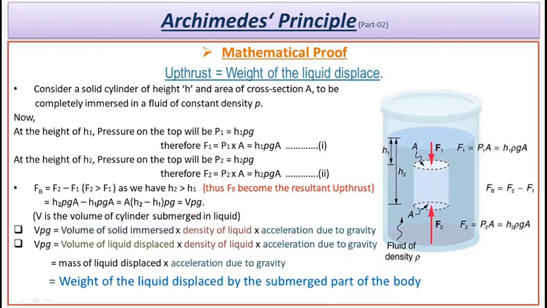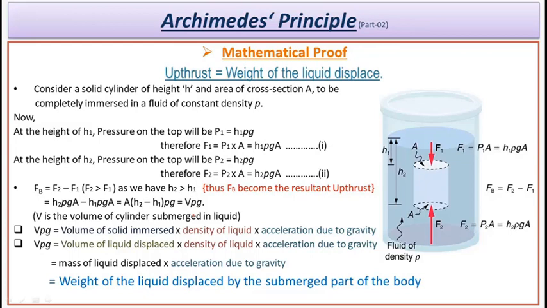Now, let's understand the proof that the amount of upthrust experienced by an object which has been immersed in a liquid is equal to the weight of the liquid displaced by the submerged portion of the object.